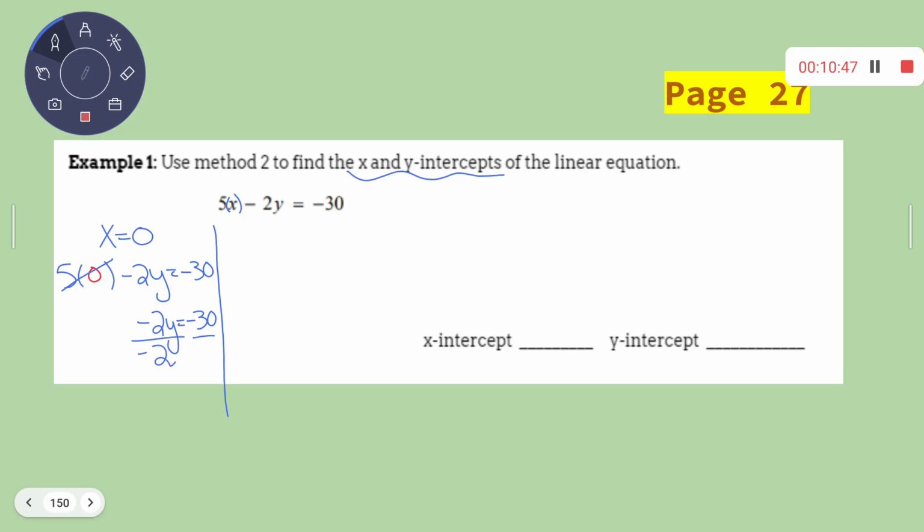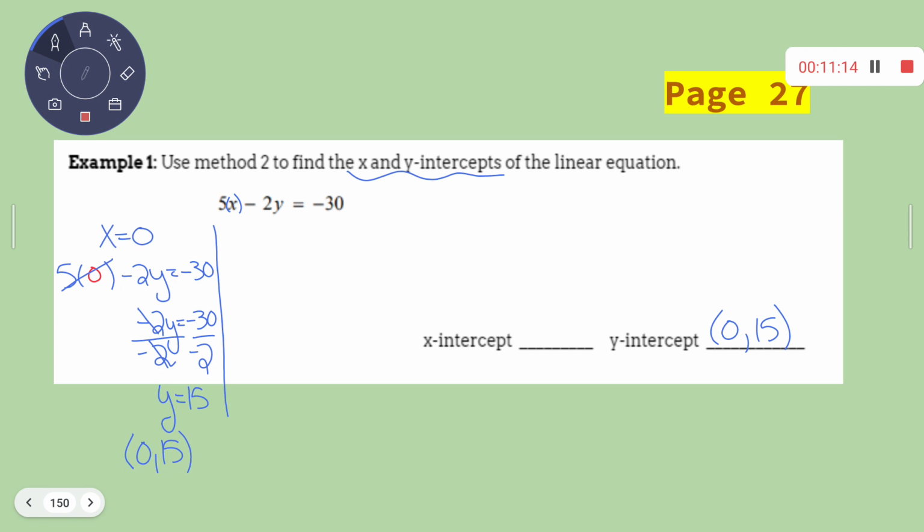Divide both sides by negative 2. Negative 2 divided by negative 2 is 1. So I have 1y equals, when you divide two negatives, you get a positive, 15. So this is the coordinate point (0, 15). That is your y-intercept. You have a y value when the x is 0.